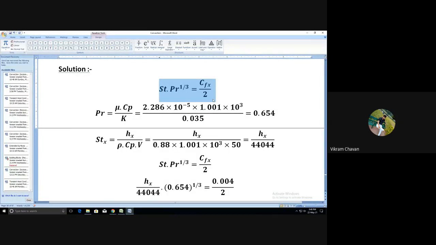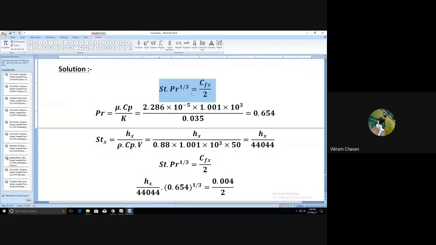What quantities are included in this relationship? First is the Stanton number, and then the Prandtl number, that we have to determine. To determine these, we should know the formulas of Prandtl number and Stanton number.